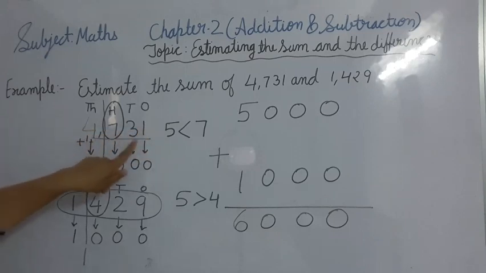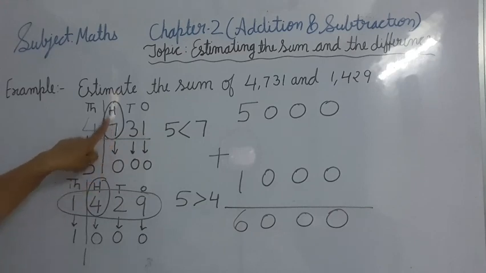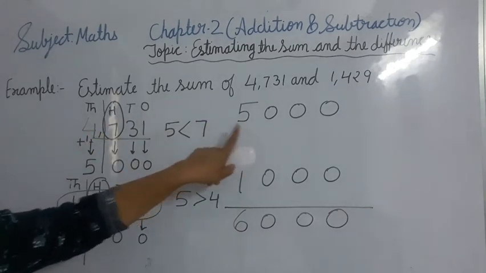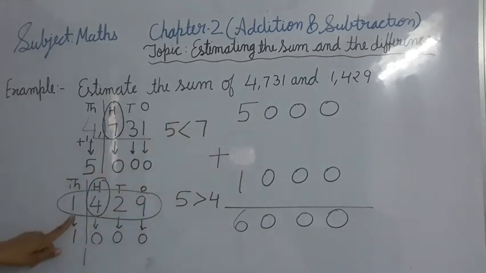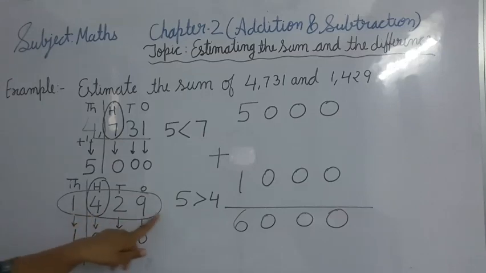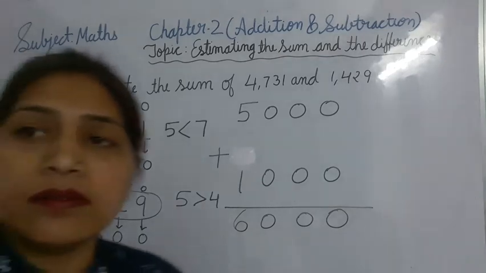If you read the number 4731, the 7 is here, so you have to round up to 5000. If you read 1429, you have to round to the nearest 1000, so you compare the hundreds digit. It is 4, less than 5, so you will write 1000. Clear?